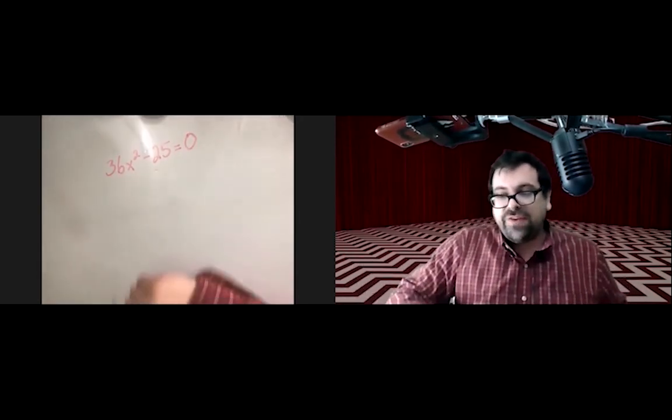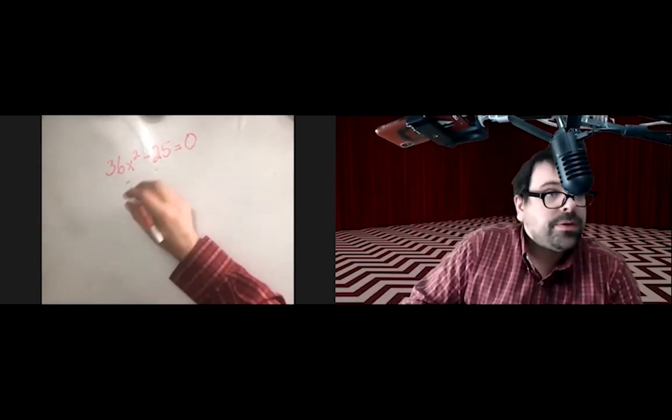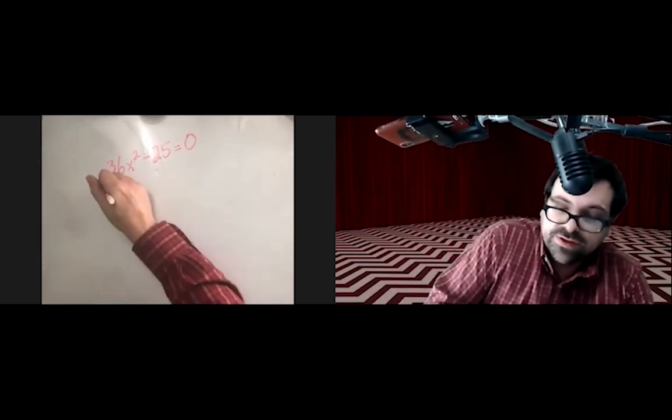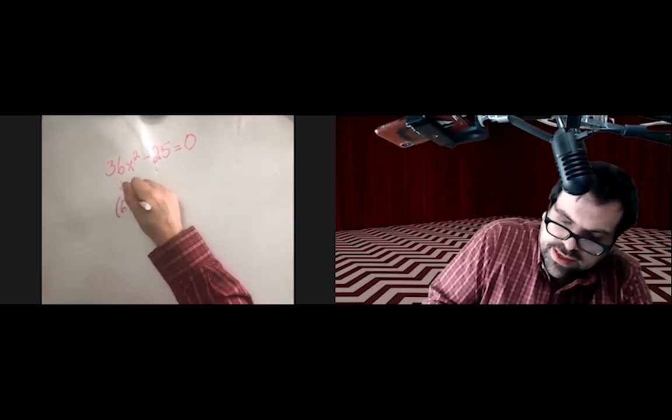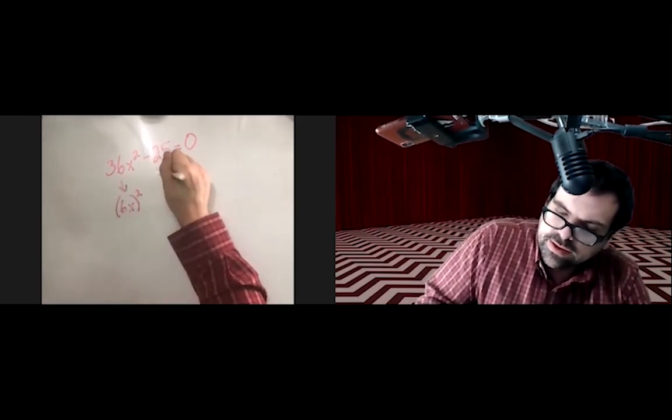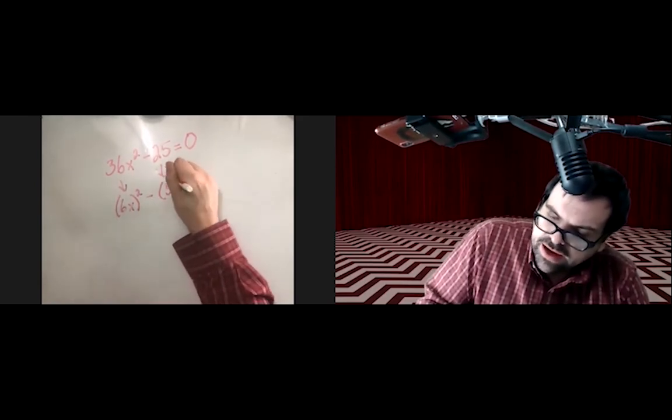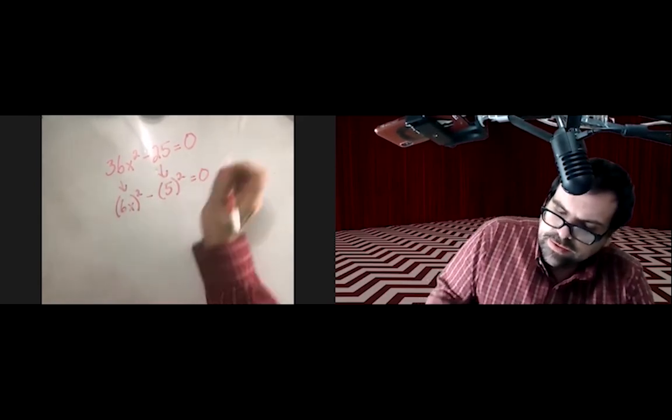To continue, we factor. This is a difference of squares. That would be 6x squared, and this would be 5 squared.